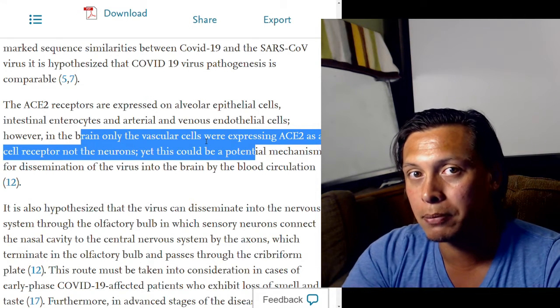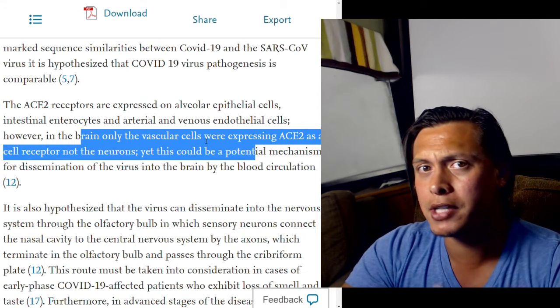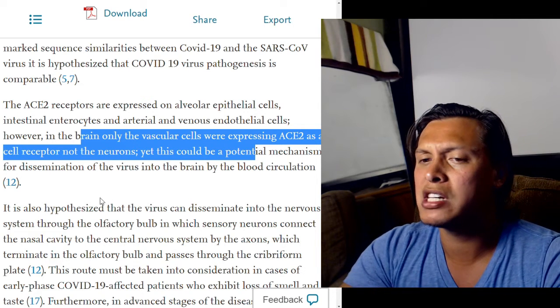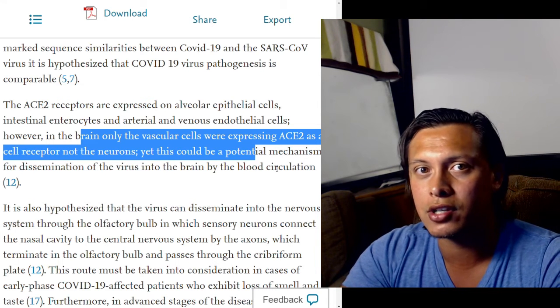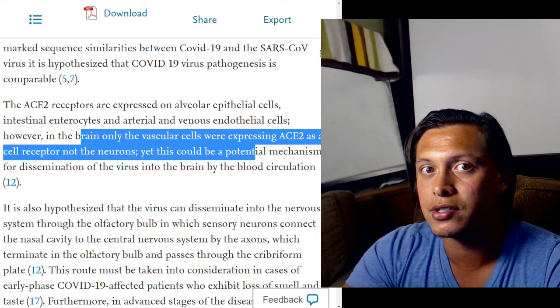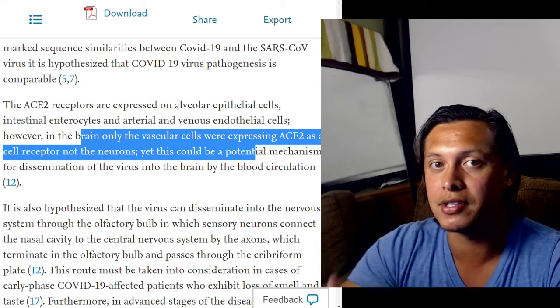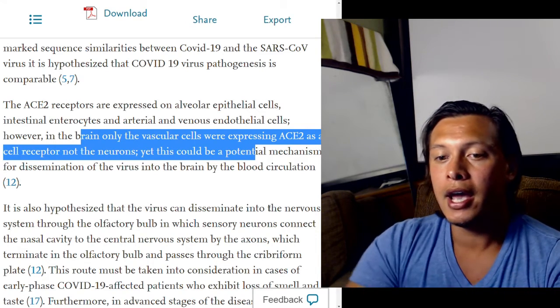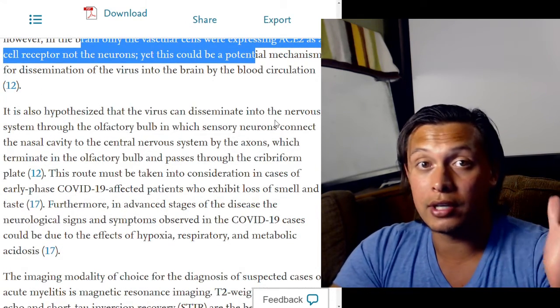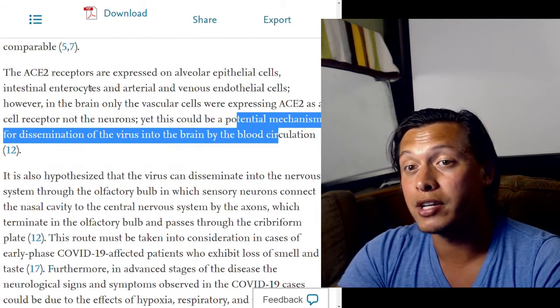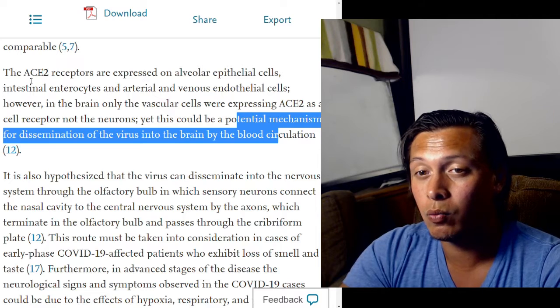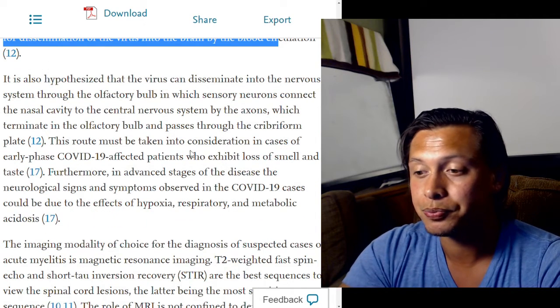So that could be a potential route. And it could just be the damage that is caused from the inflammation of the viruses infecting the cells nearby. Anyways, also the autoimmune diseases could be, Occam's razor, probably what's causing the majority of the problems.